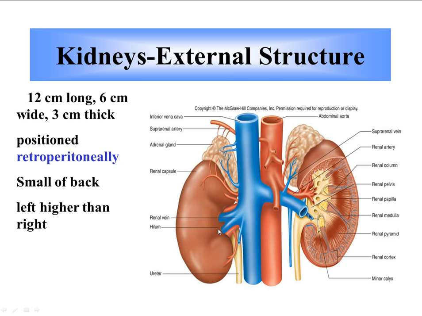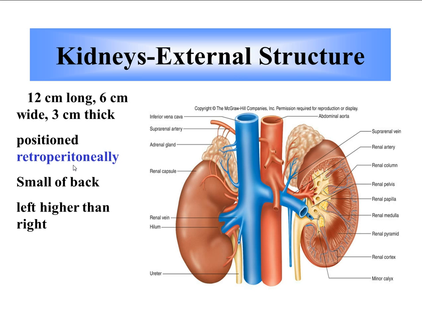They are positioned retroperitoneally. Now, what does that mean? Retro is behind the peritoneal area, and if you will recall, the serous membrane on the organs was called the visceral peritoneum.